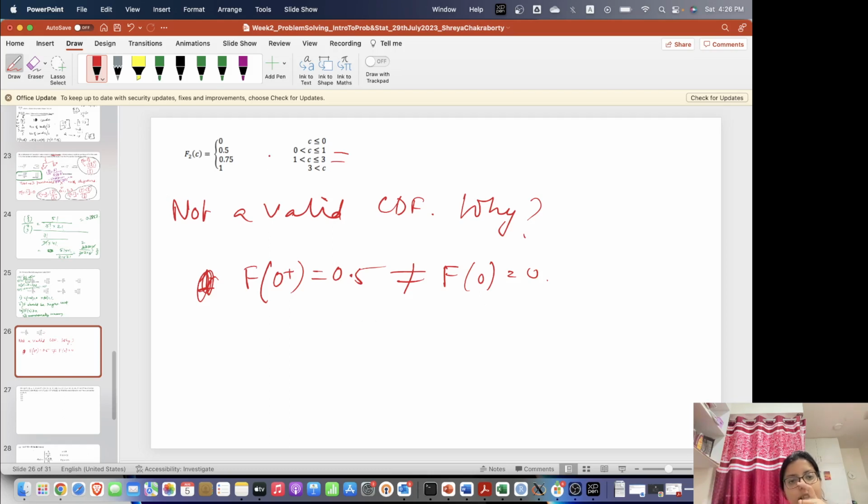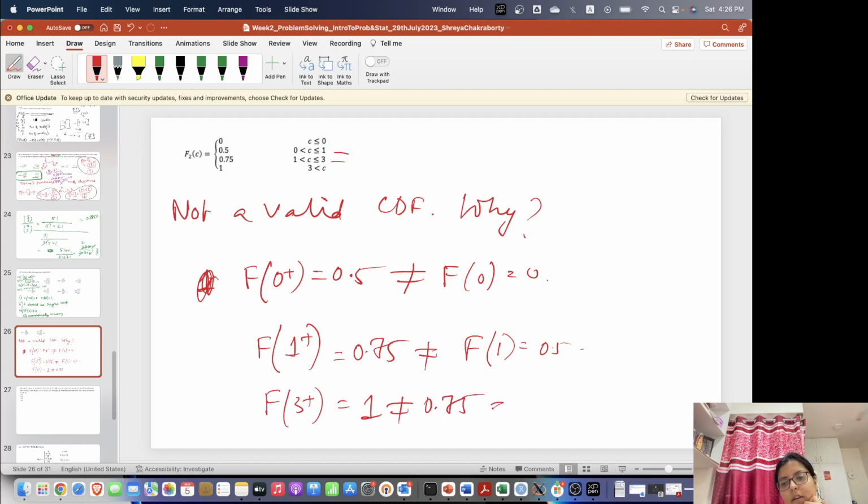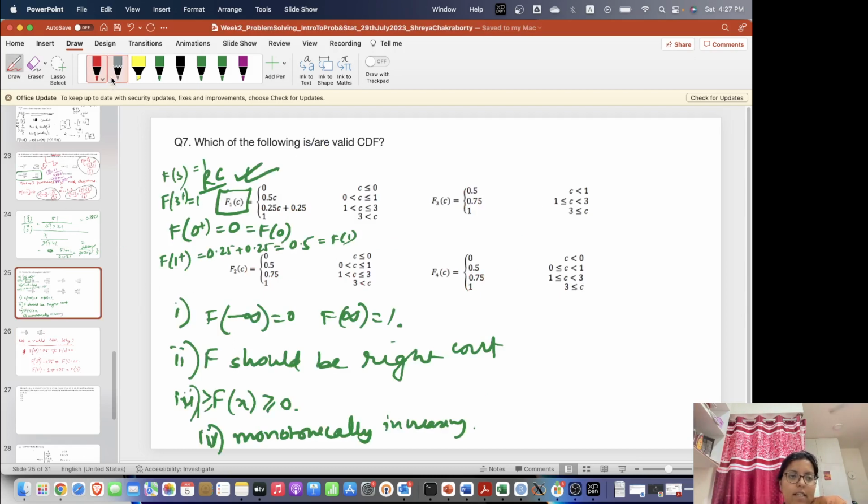Here also the same: F of 1 plus is 0.75, which is not equal to F1, which is 0.5. Similarly here, F3 plus equals 1, which is not equal to 0.75, which is F3. We did not need to show all 3. Any one violation would have sufficed. So F2 is not a valid CDF.